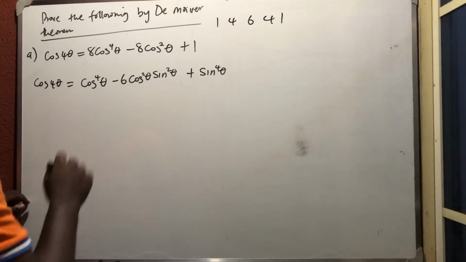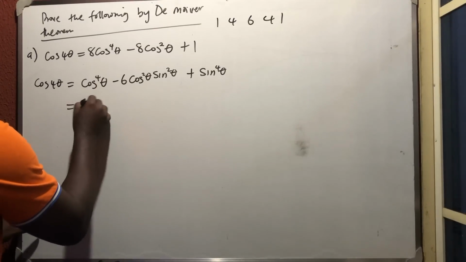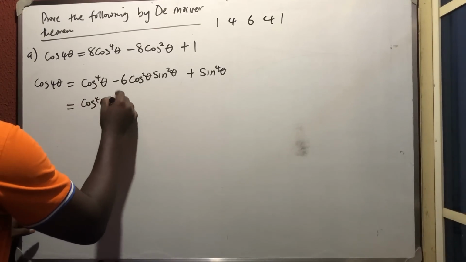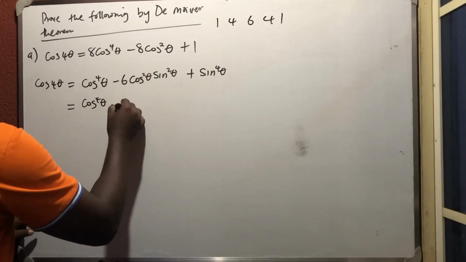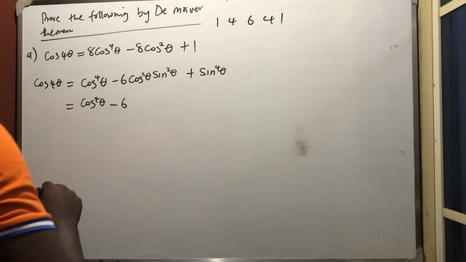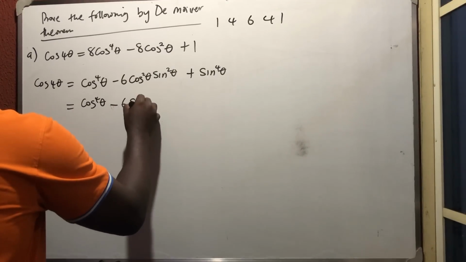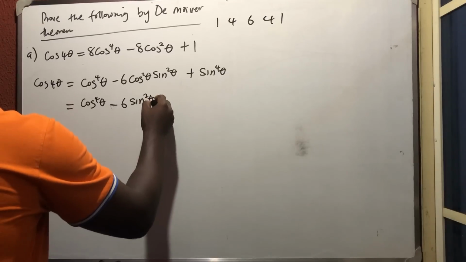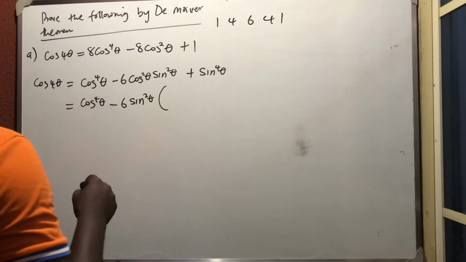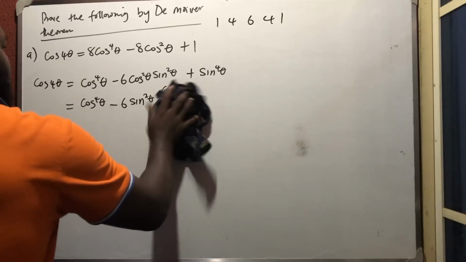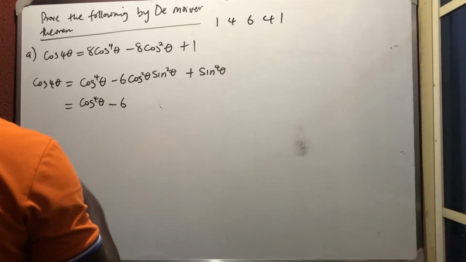cos alone. Okay, but before that, I know that cos 4 theta is equal to cos^4 theta minus 6 cos square theta sine square theta plus sine square theta all raised to power 2. In fact you can factorize, or if you don't want to factorize, look at what I want to do now.